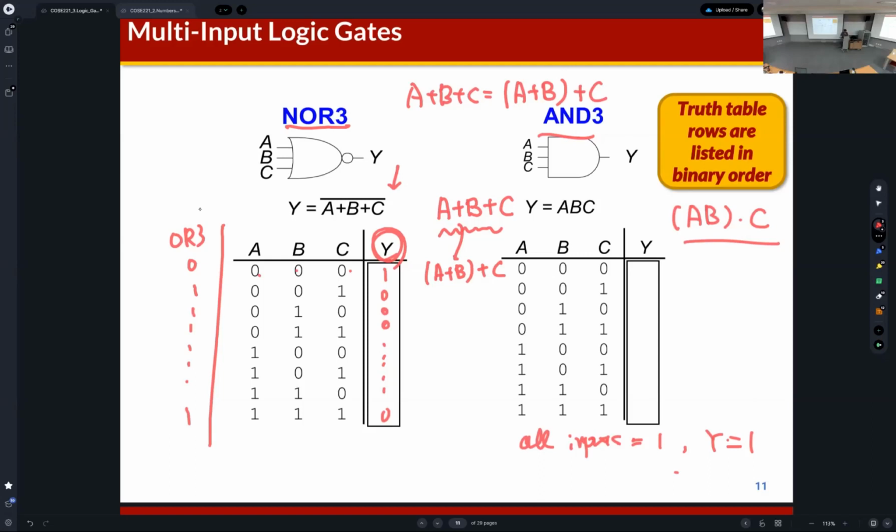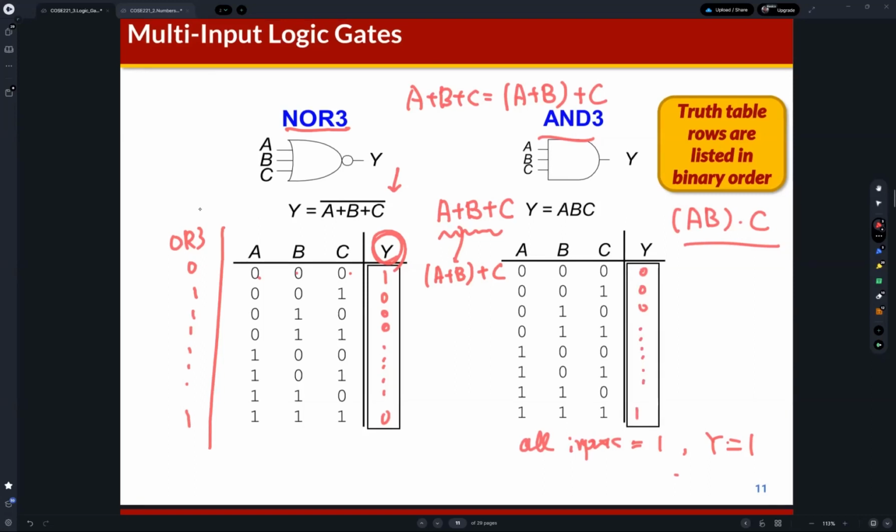So it's 0, 0, 0, 1. Right, because only when all inputs are 1 does our output become 1. So we can define the multi-input AND gate.